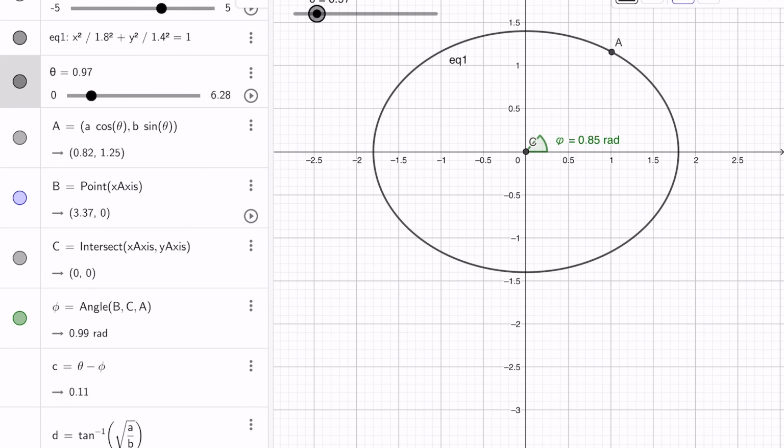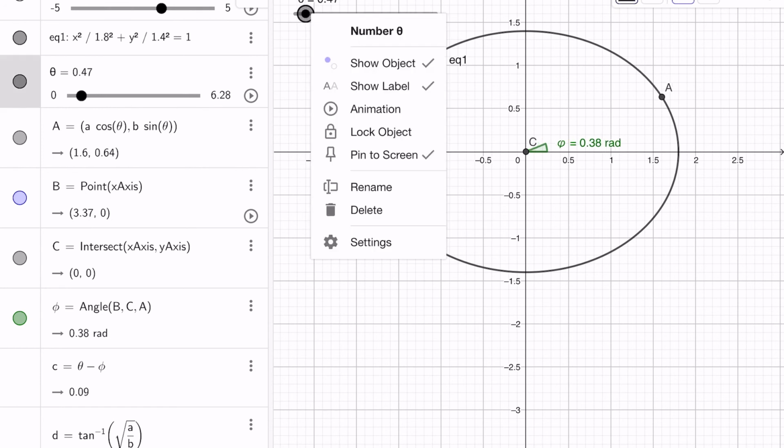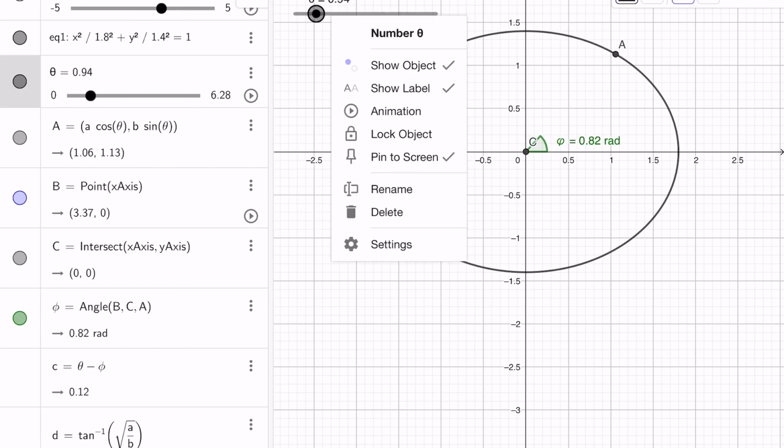That's saying when theta is 0.85, we have the biggest difference between theta and phi. At the moment, we've got a difference of 0.13. If I slide theta smaller, the difference decreases, it's 0.12 at the moment, keeps going down, 0.1 and so on. If I go the other way, it goes bigger, so it goes smaller.